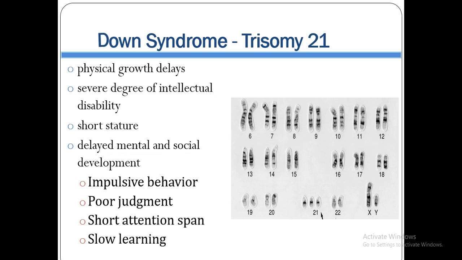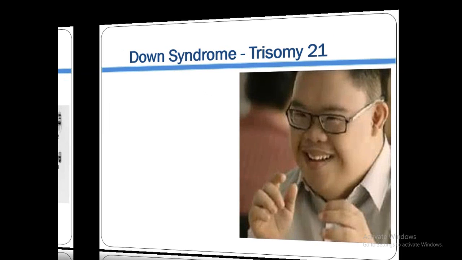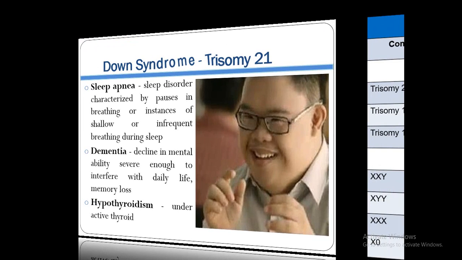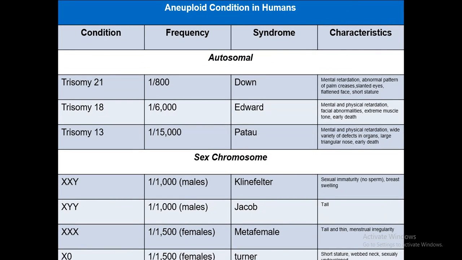They could show impulsive behavior, poor judgment, short attention span, and slow learning. In addition, commonly seen traits are sleep apnea, dementia, and hypothyroidism. This is a table summarizing the diseases showcasing aneuploidy.